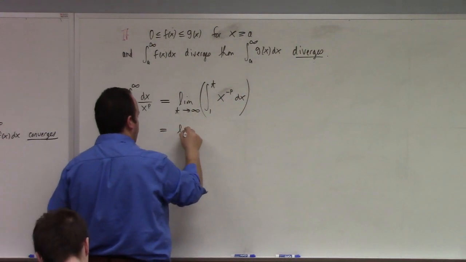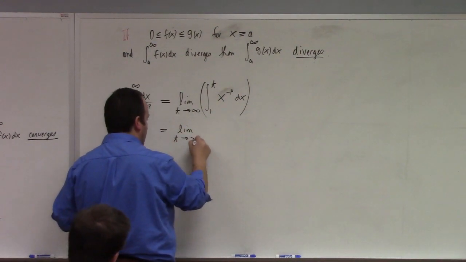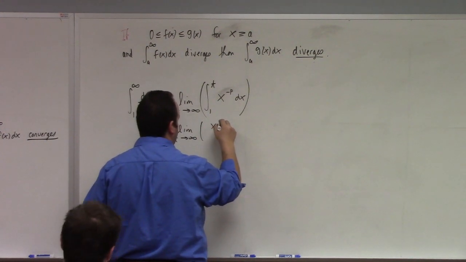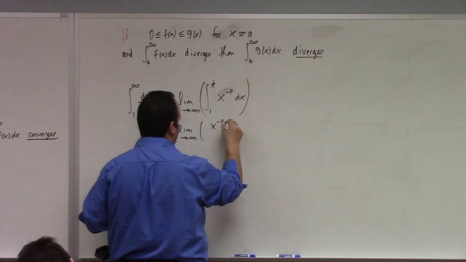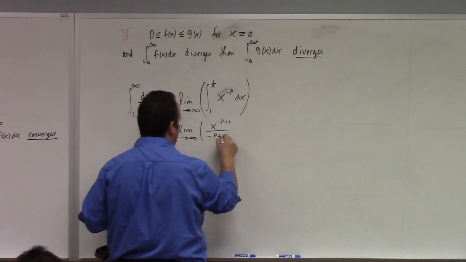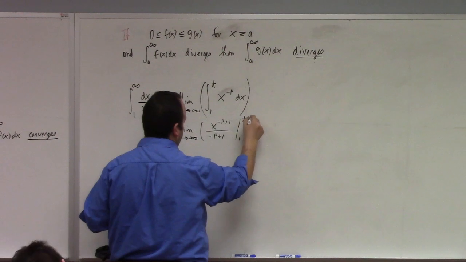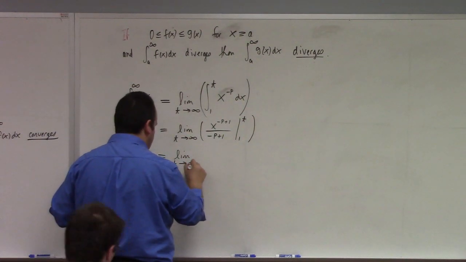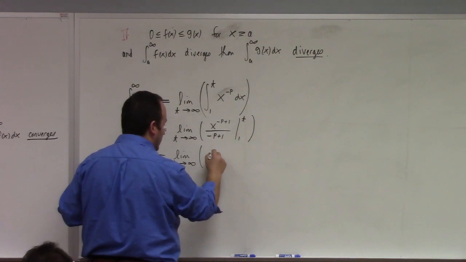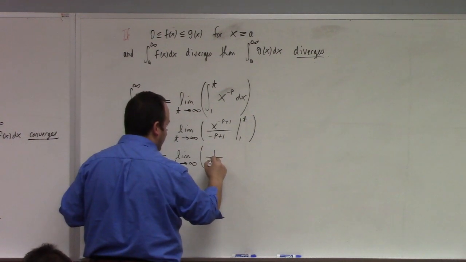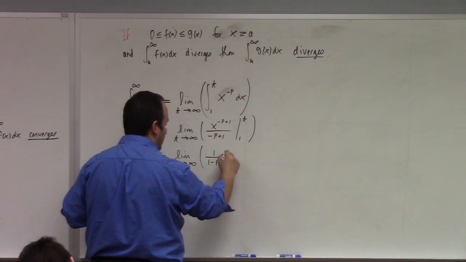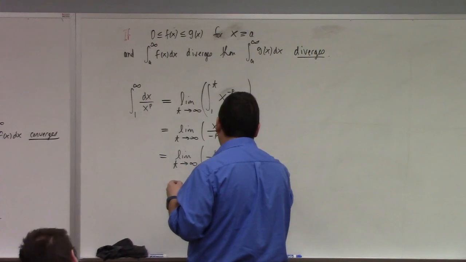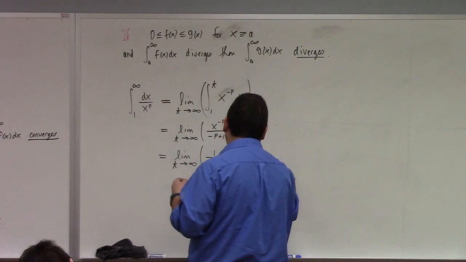So you know the song and dance. Here we go. Limit t goes to infinity. We integrate x to the minus p. We get what? x to the minus p plus 1, right? Over minus p plus 1. Evaluate that from 1 to t. And so that's what? Limit as t goes to infinity of 1 over 1 minus p times t to the 1 minus p minus 1.